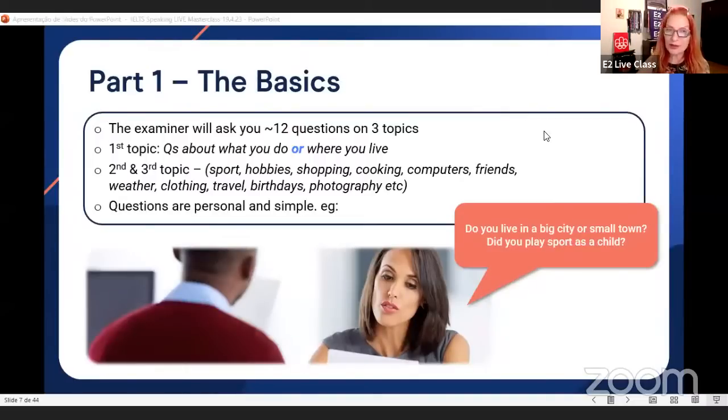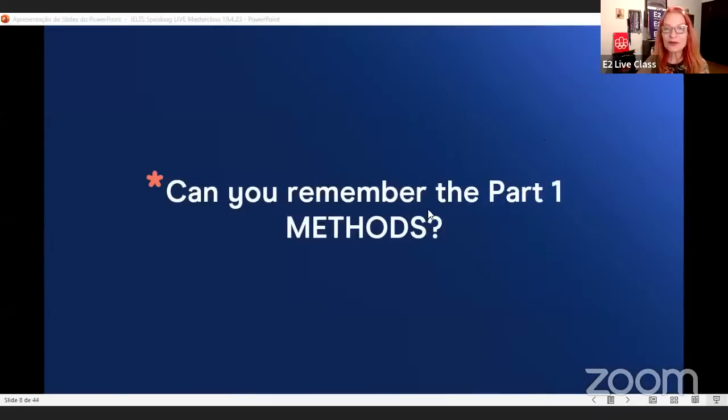The questions are personal, simple, differently from part three. In part one, you can use personal examples, personal information. Synonyms are essential because that will show vocabulary variety.